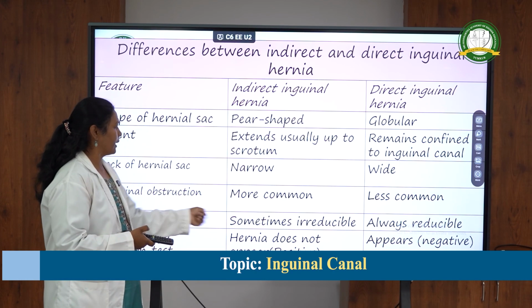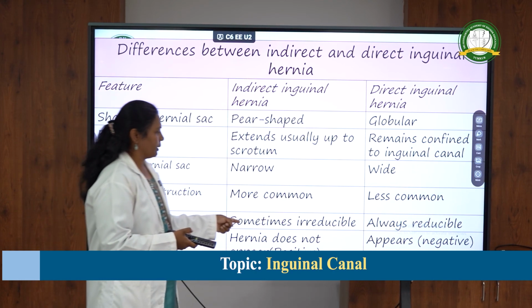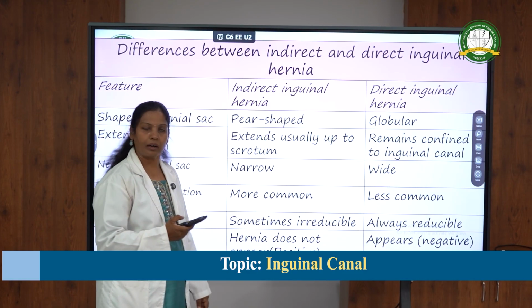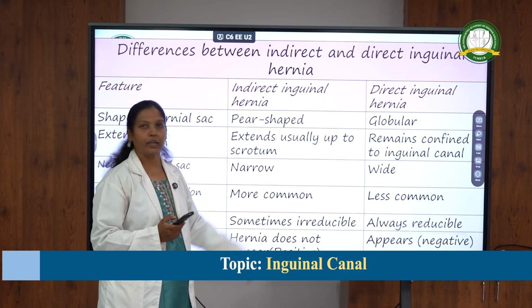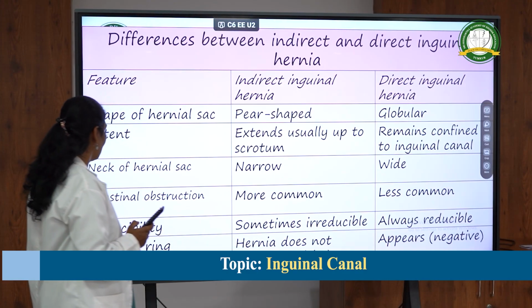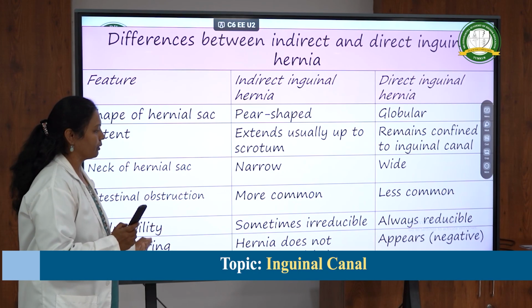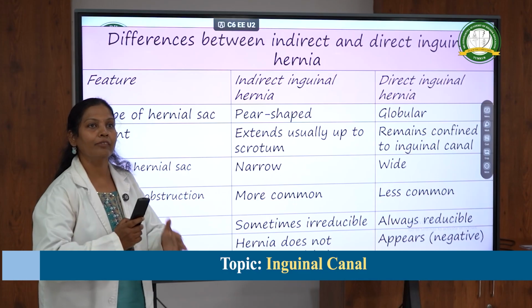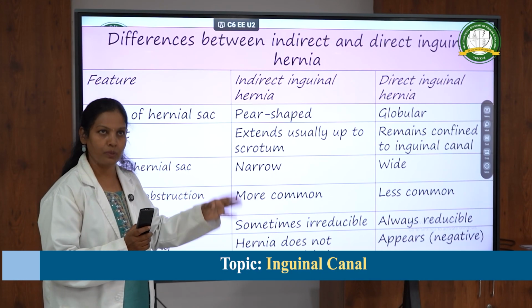And reducibility of the hernia. Sometimes indirect will be irreducible, whereas direct inguinal hernia will be reducible most of the time. And internal ring occlusion test. What happens here? First the surgeon will reduce the hernia.